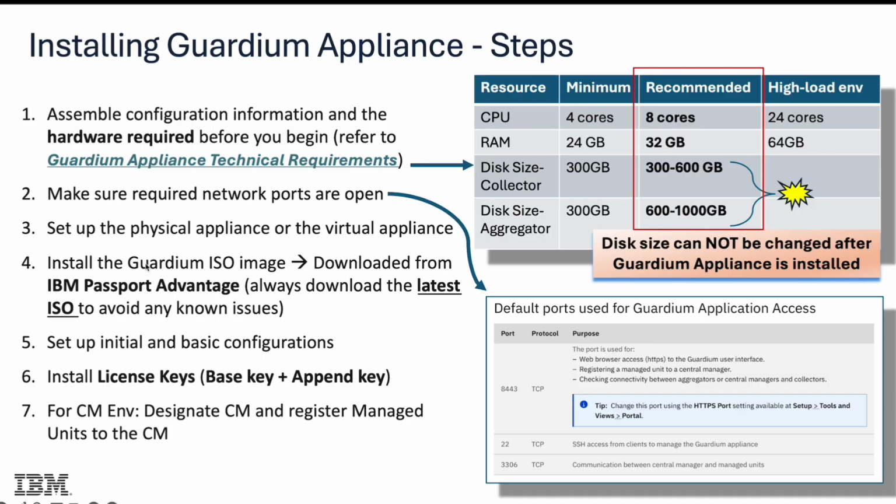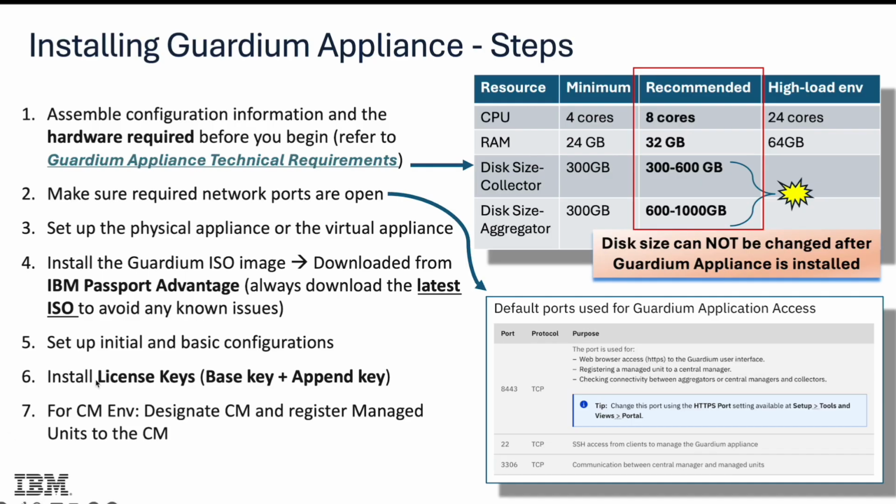Then, install the Guardium ISO image, downloaded from IBM Passport Advantage. A friendly reminder, always download the latest ISO to avoid any known issues, because all known issues are addressed in the latest ISO. Once the installation finishes, set up the basics, like the network, time zone, and the date and time.